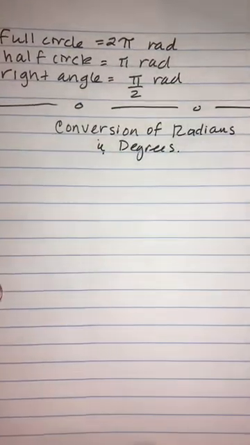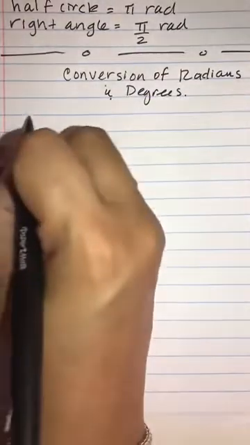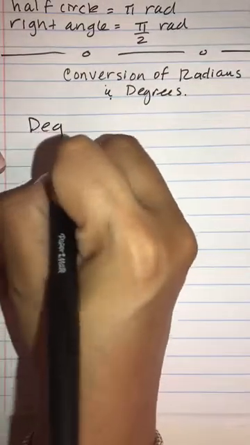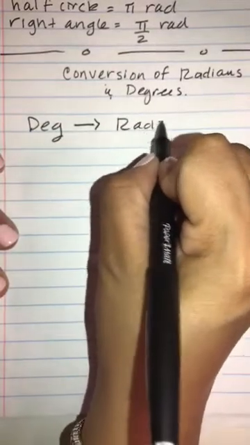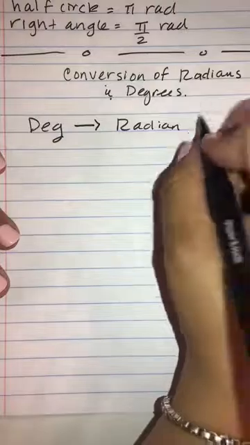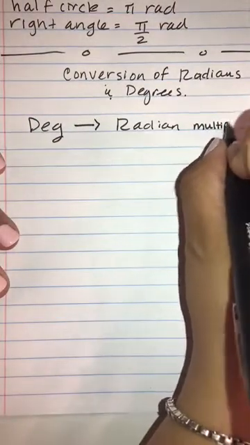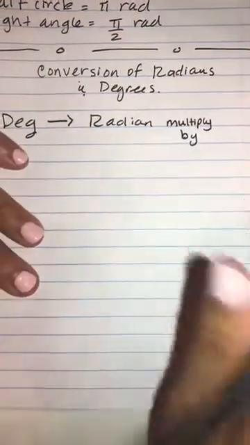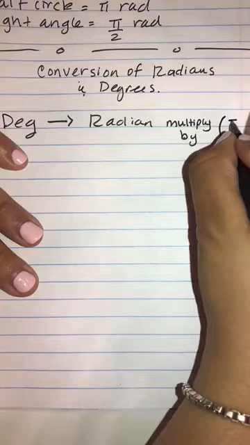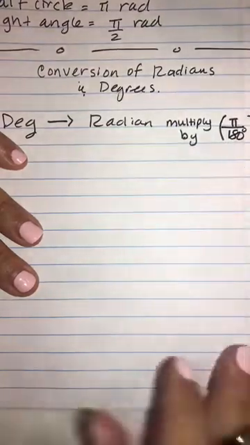The conversion of radians and degrees is pretty simple. So to go from degrees to radians, you're going to multiply by pi divided by 180 degrees.